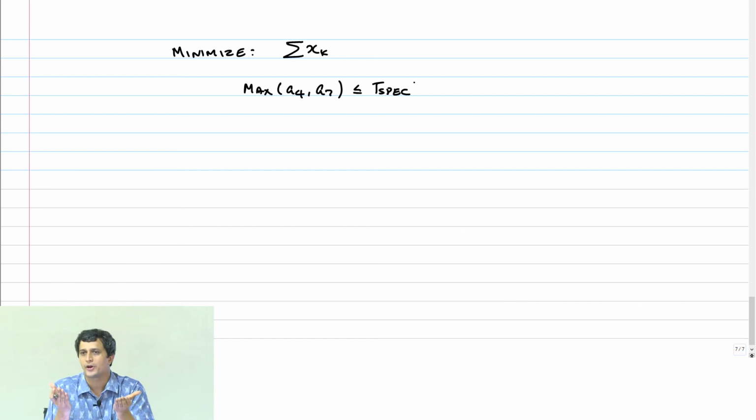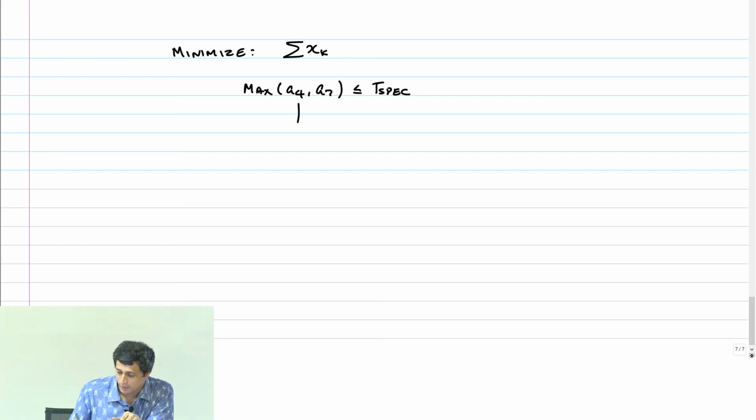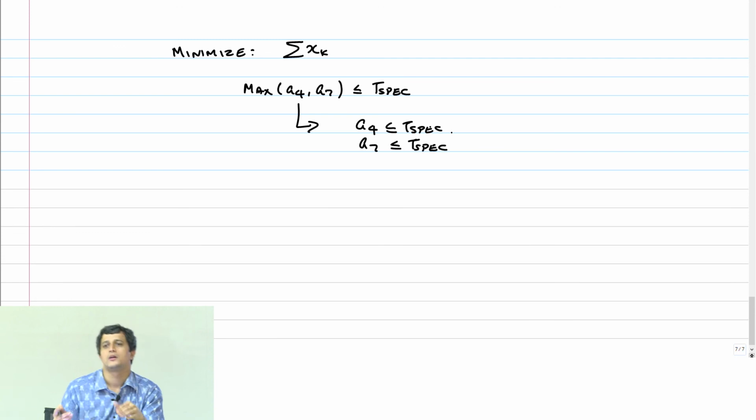Now the maximum operation is very painful to do in optimization. So therefore I have to make this some other kind of a condition. So if I just simply break this as A4 should be less than or equal to T spec and A7 should be less than or equal to T spec, then I can guarantee that the max of this is less than T spec, right?